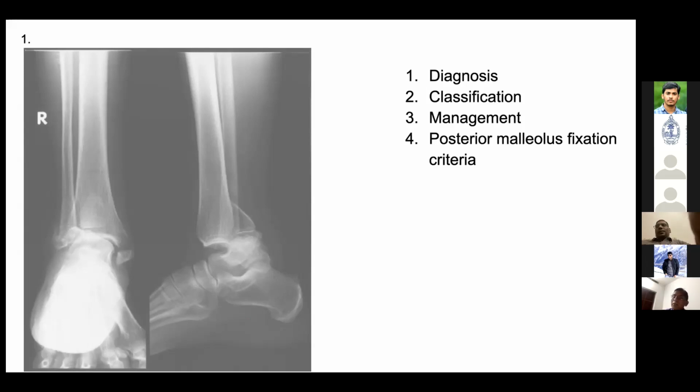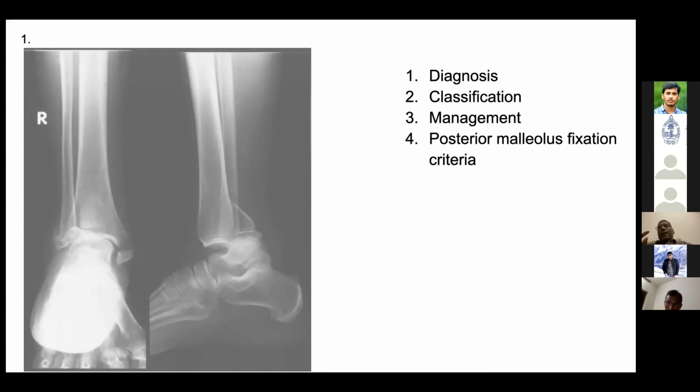What is your take, Dr. Babu? Yes, sir, exactly. Looking at the medial malleolar fracture alone, a transverse fracture is mostly seen in pronation, external rotation and pronation abduction, but a transverse fracture can occur in supination, external rotation injury also. So you cannot say whether it is supination, external rotation or pronation, external rotation by looking at the medial side.